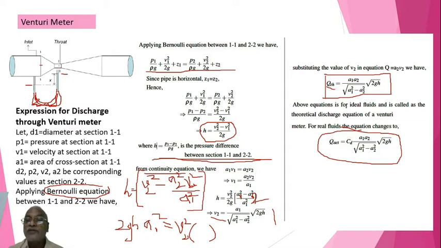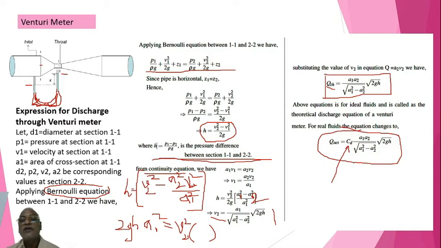So the above equation is for ideal fluids and is called the theoretical discharge equation of a Venturimeter. For real fluids, the equation changes with a multiplier Cd, known as the coefficient of discharge. Otherwise, the equation remains the same: A1 A2 root 2gH divided by root of A1 squared minus A2 squared.